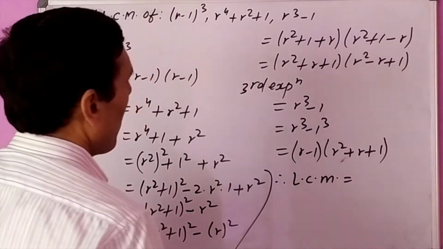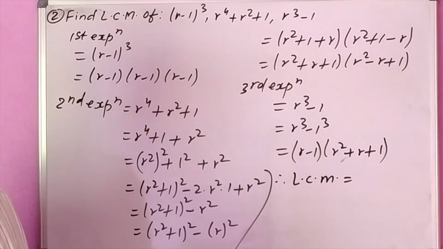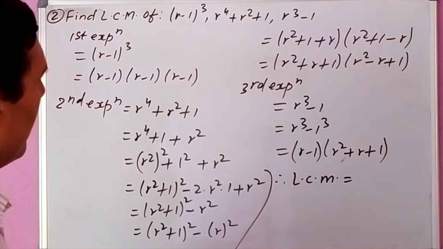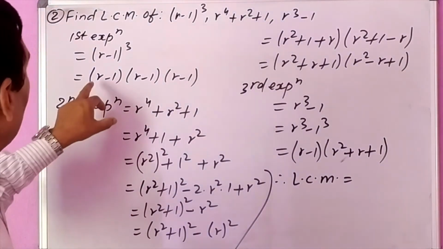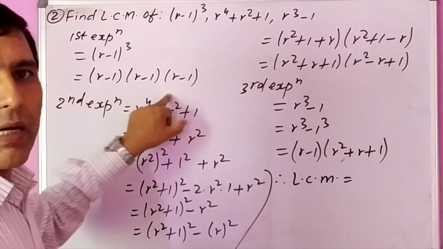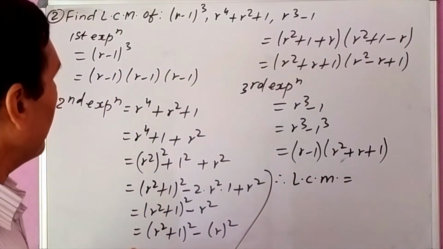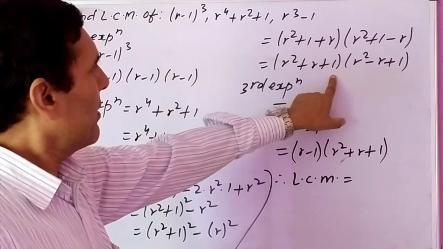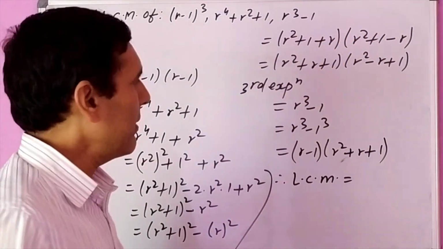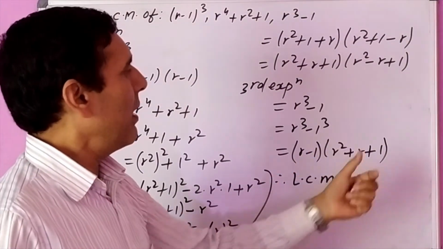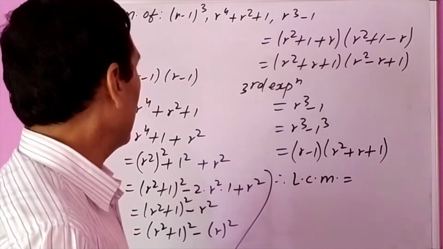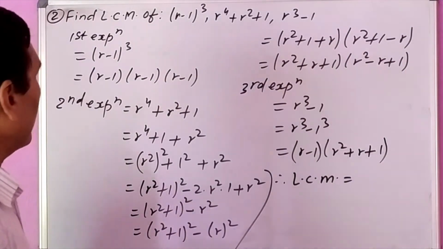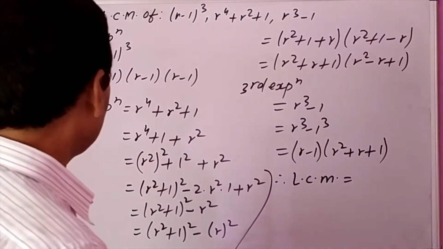In the second, we do not have any factor common here in all three expressions, because in the first expression we have r minus 1, r minus 1, r minus 1. In second, r square plus r plus 1, r square minus r plus 1. In the third, r minus 1, r square plus r plus 1. So we can take the common from two expressions only.